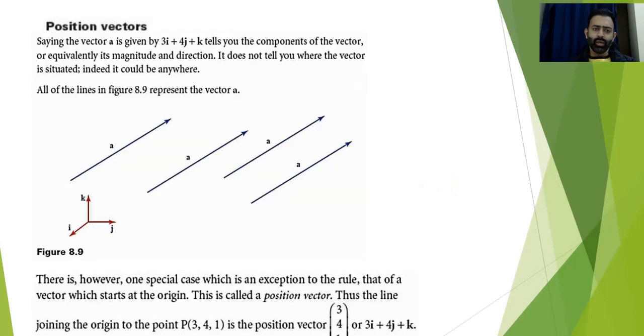This is the component form, and we can write it in vector form also, meaning using a column matrix. This is the position vector, which we have already talked about, and it says that the line which joins the origin to the point 3, 4, 1 is the position vector.